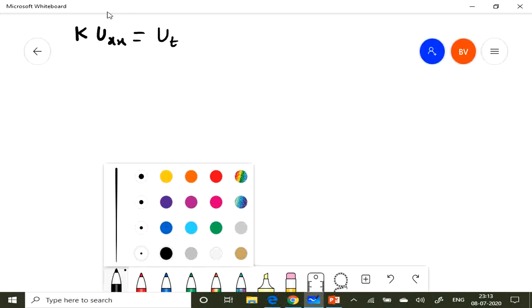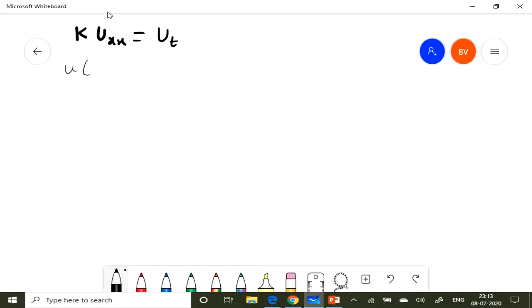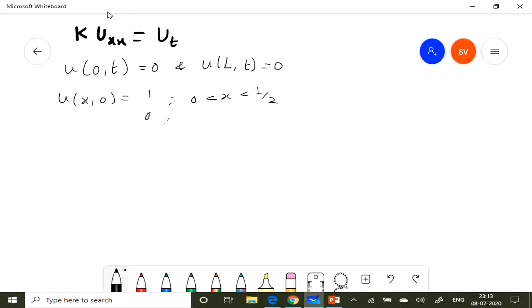Boundary conditions are u of 0 comma t is 0 and u of capital L comma t is also 0. And the initial condition, initial temperature u of x comma 0 is 1 for the interval 0 less than x less than L over 2, and 0 for L over 2 less than x less than capital L. These are the given information.